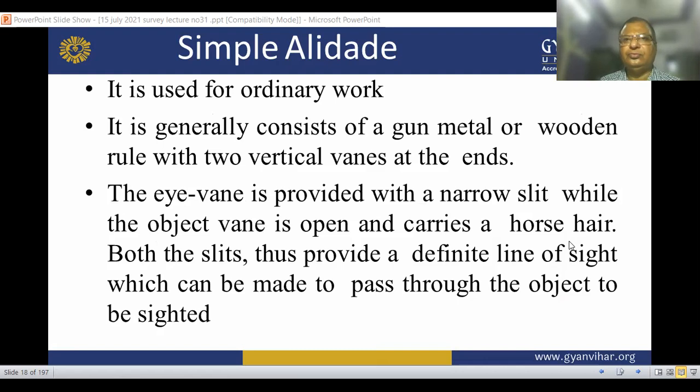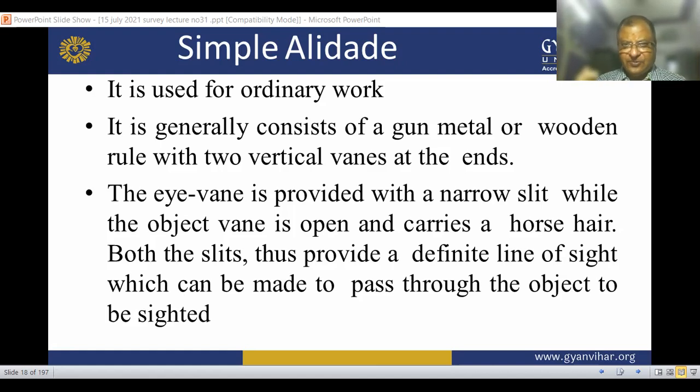The simple alidade is used for ordinary work. It generally consists of a gunmetal or wooden rule with vertical vanes at the ends.